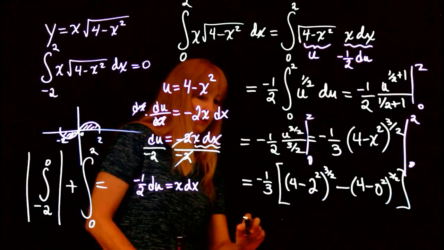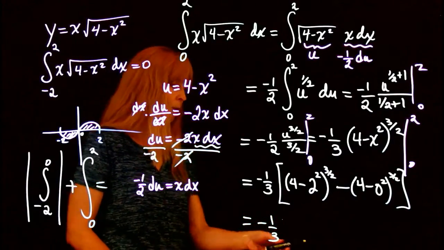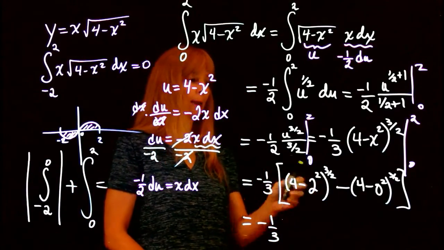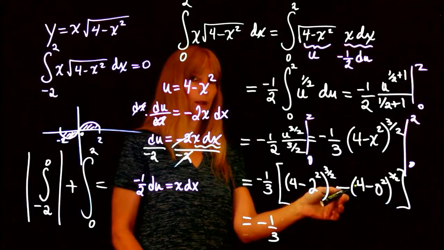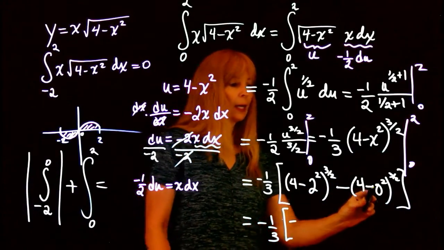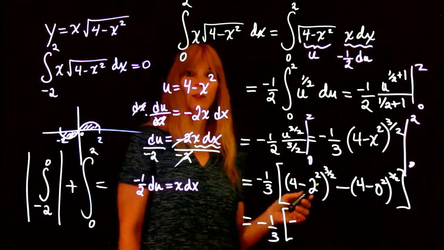All right, so in this case I have negative 1/3, making sure I'm still on the board. 2 squared is 4, 4 minus 4 is 0, so that piece goes away. Don't lose that negative sign. And so here I have this negative. Inside here I have 4 to the 3/2 power. Do you remember what to do with that?